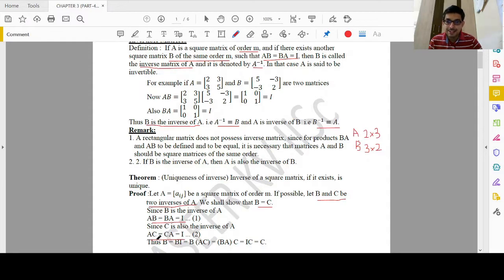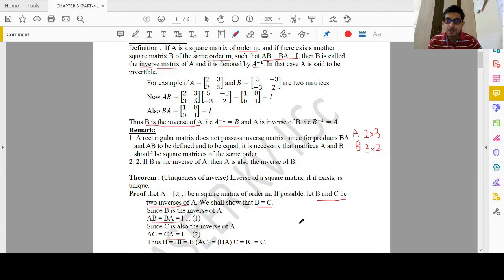Since I equal to AC, from the second equation we can write it as B into AC. This can be written as BA into C. Again from equation 1, BA equal to I. So using that, it will become I into C. Again I into C equal to C. So we have proved that B equal to C. We assumed that B and C are two inverses of A, and we proved that B equal to C. So that means the inverse of a square matrix is unique.